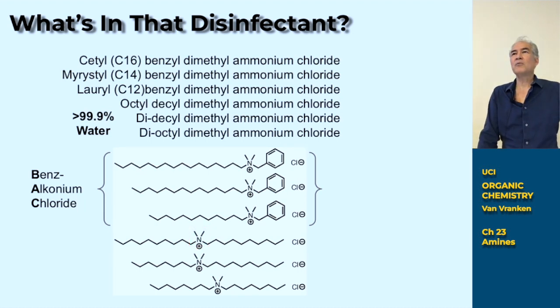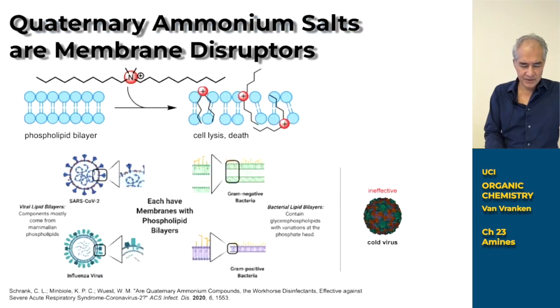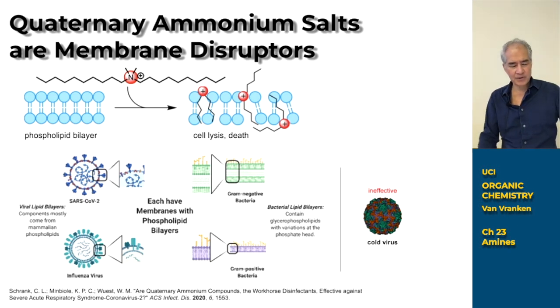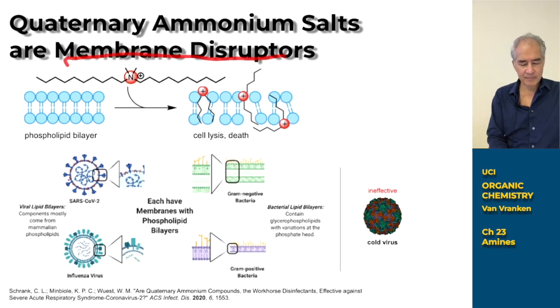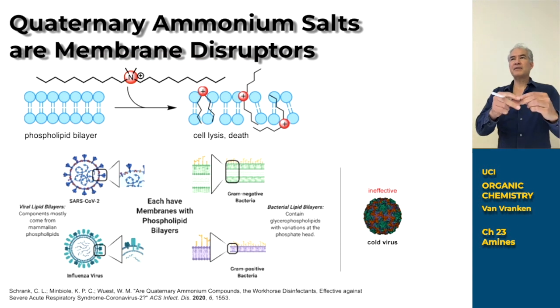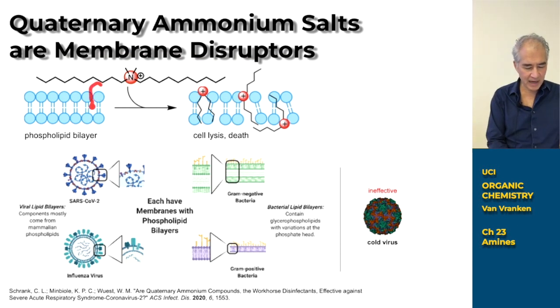So let's go ahead and take a look at what these things are doing to kill so many types of cell types or deactivate viruses. So what are these quaternary ammonium salts doing? They are membrane disruptors. That's the whole function here. They're designed to have long chains so that they can kind of slip their way into biological membranes, phospholipid bilayers.